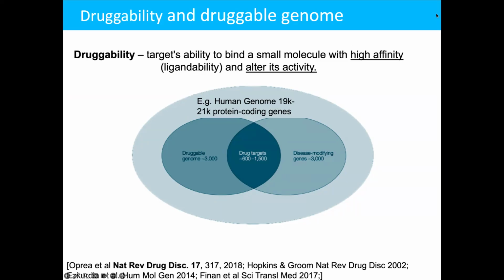So basically, we know that the human genome contains about 20,000 protein coding genes, and a fraction of these are important disease modifying genes like oncogenes. However, only a fraction of these disease modifying genes are druggable, and druggable we define as two things: ligandable, so we can bind to them with a drug-like molecule or a biologic, and modifiable, so we can modify their activity after we're bound to them.